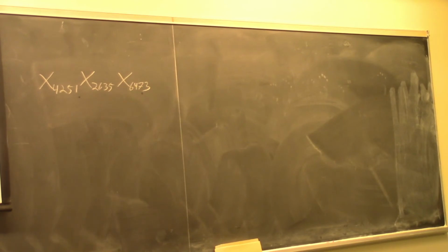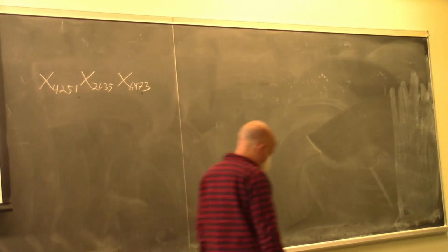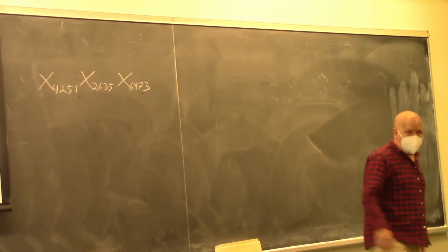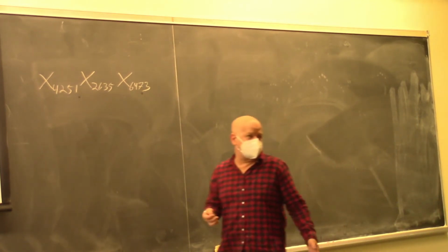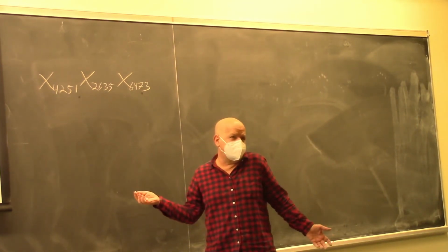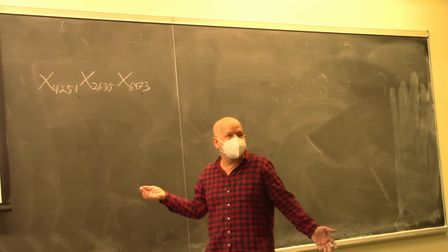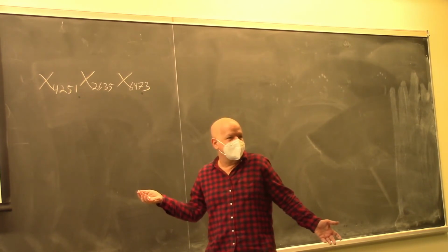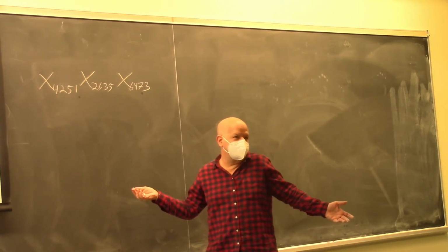Anyway, you can probably guess what this knot is, right? It has 3 crossings, so what could it be? Okay? It better be the trefoil.